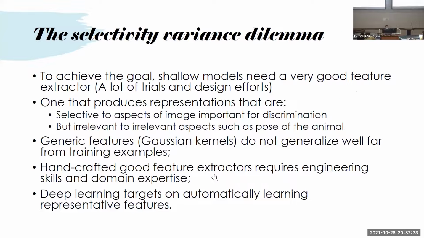So how can we achieve that? To achieve that goal, shallow models typically need a very good feature extractor. That means we need to try a lot of image feature templates.